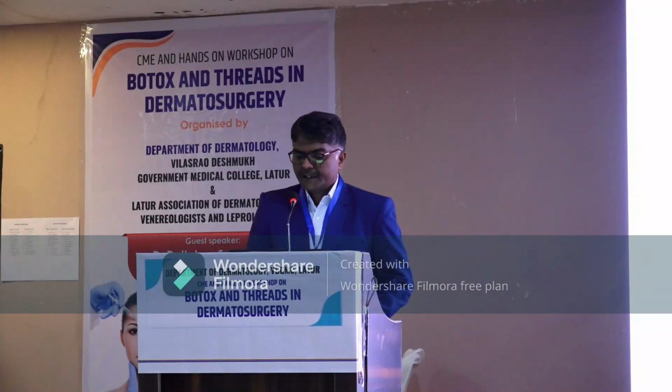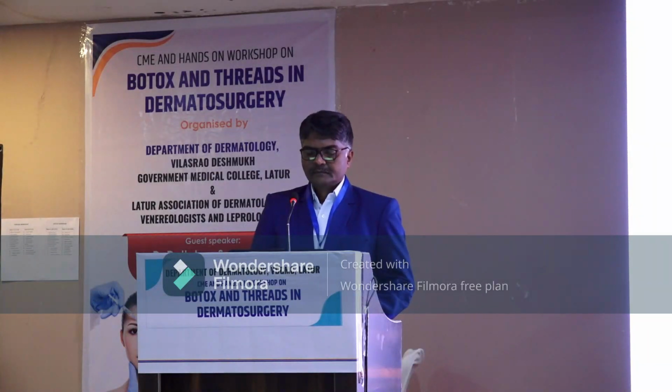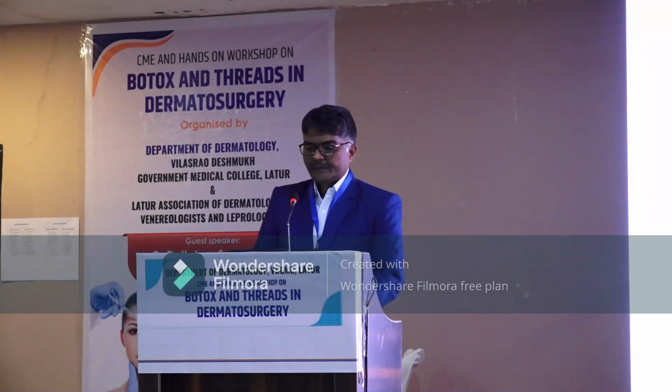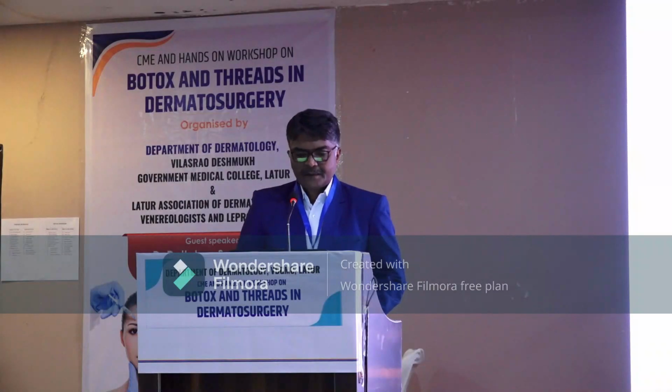Here we can appreciate near the periosteum, these are strong, then they get branched here in the subcutaneous layer in the form of branches. Now superficial fat compartments are formed by extension of retaining ligaments into the subcutaneous layer.